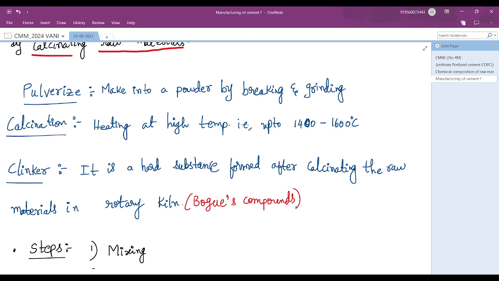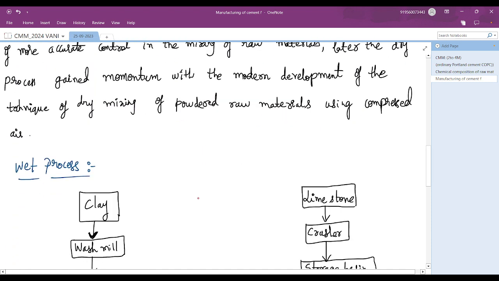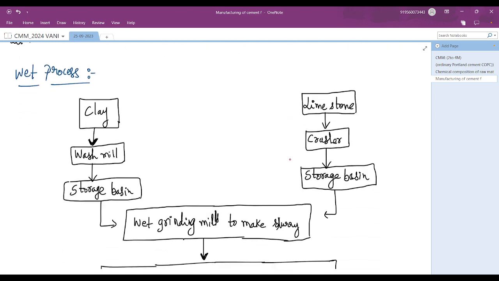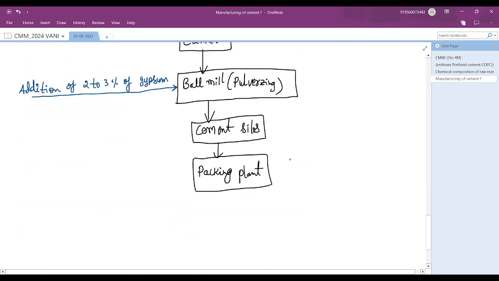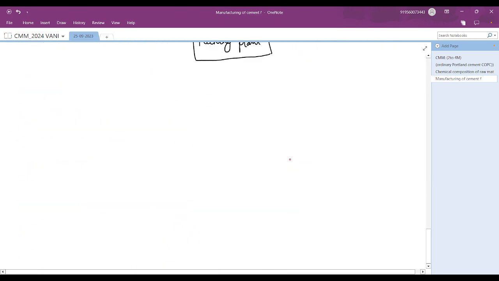Now let us see the dry process. Are all of you clear with this wet process? Okay, I'll proceed further. Next is the dry process.